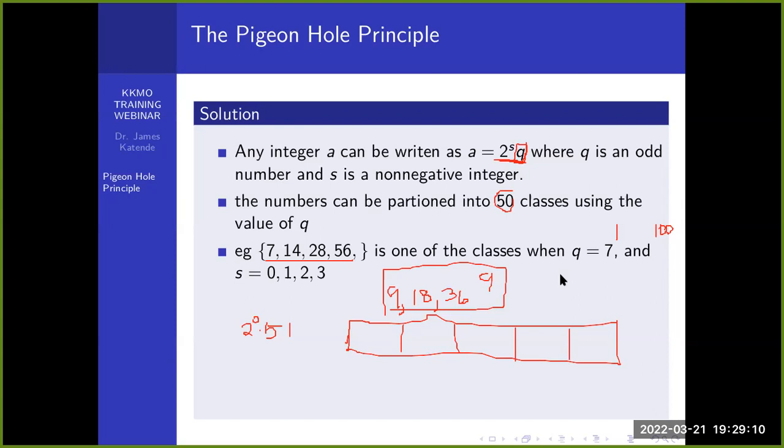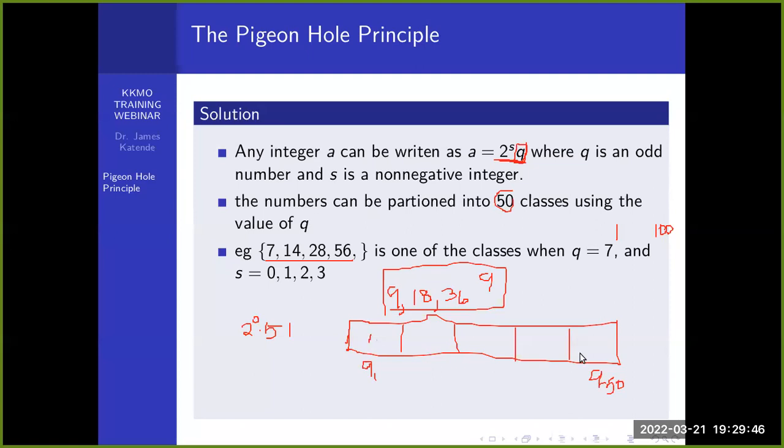So now if you pick 51 numbers, we have Q1 up to Q50, right? Pick 51 numbers out of all the 100. Out of these 50 boxes, you can place them in the following fashion. You place the first number that you pick here, second number here, until you reach the 50th number.